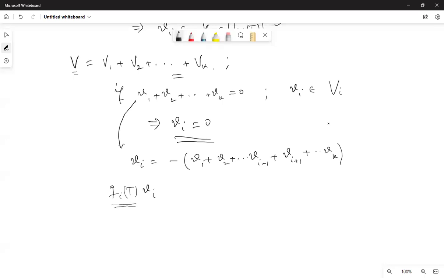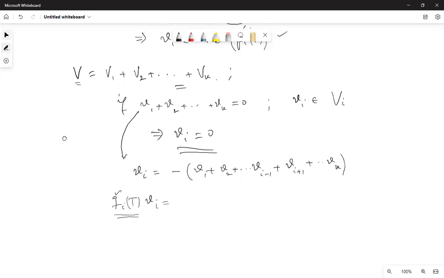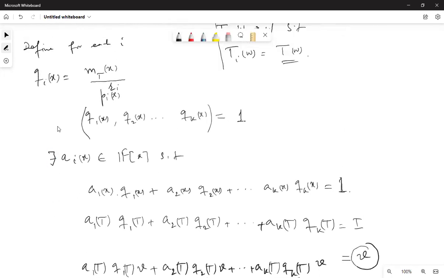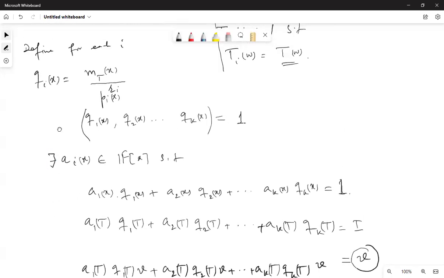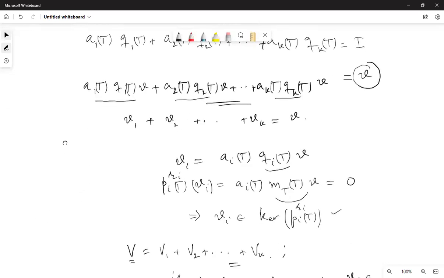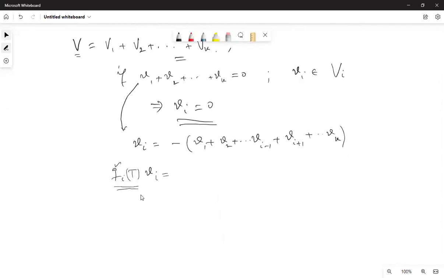If I apply QiT on this, that means the right side of Vi is the sum of these Vi's. If I apply this here and look at that, then QiT contains P1, P2, Pi minus 1, Pi plus 1, but not Pi, as such, the factor.